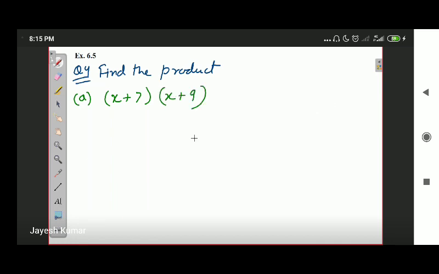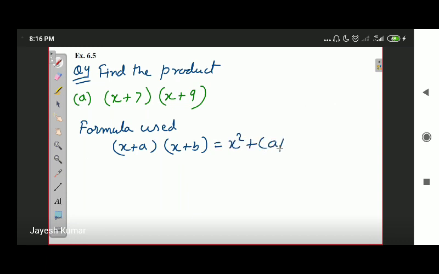So the formula used here will be x plus a into x plus b is equals to x square plus a plus b into x plus ab. Now listen carefully.